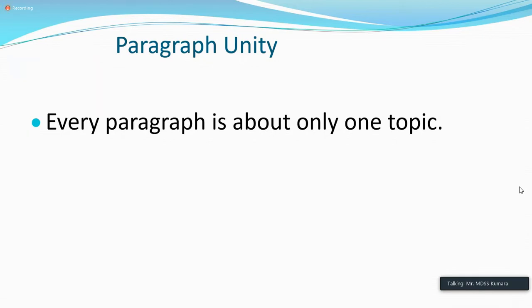And when you move on to the second paragraph, you can describe the reasons for environmental pollution or the causes of environmental pollution. So then all the sentences in that paragraph will be about reasons for environmental pollution.